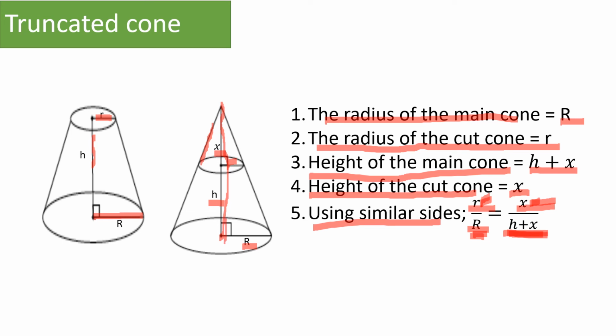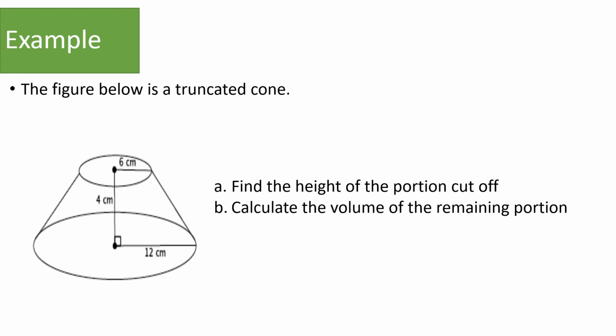So let's take an example. This figure is a truncated cone. The radius of the cone cut is 6 centimeters, then the radius of the main cone is 12 centimeters. We have to find the height of the portion cut off, and calculate the volume of the remaining portion.